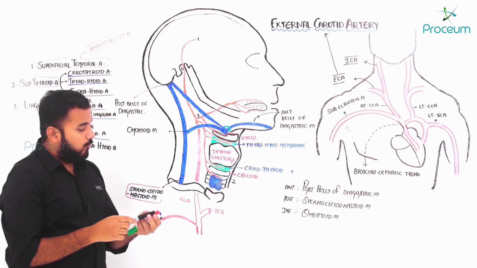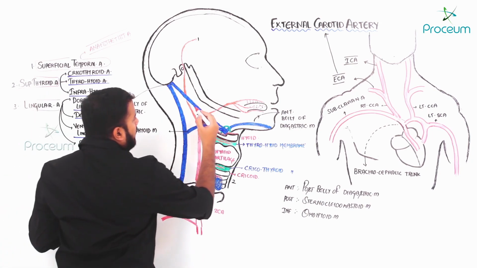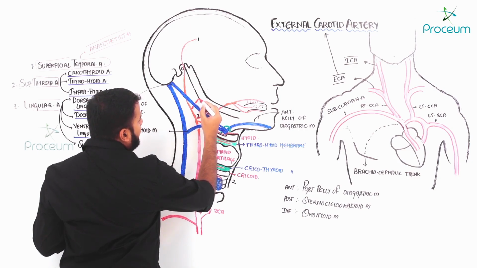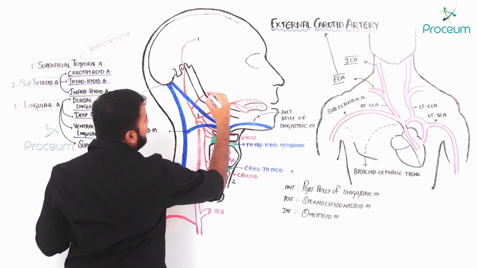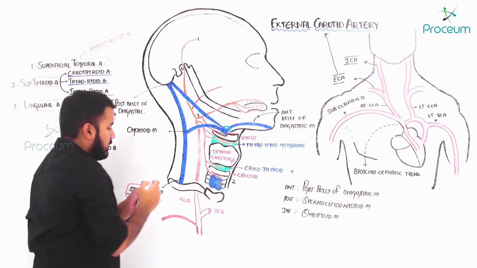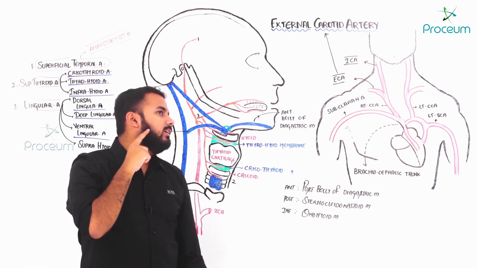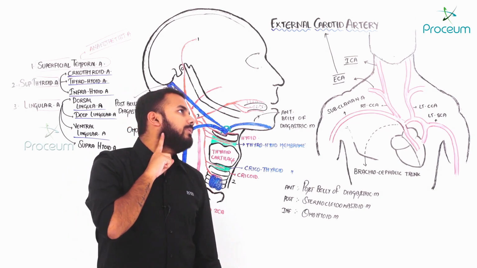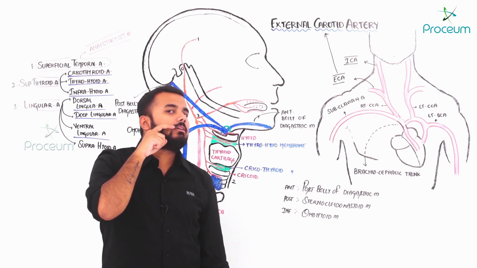Now let us discuss the fourth important branch. There is a branch which comes all the way like this. Obviously it originates from your external carotid artery, and this branch passes over the edge of the mandible, called the angle of the mandible, and enters into your face.